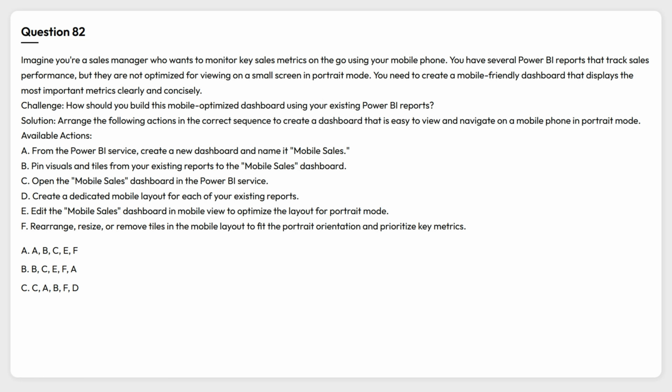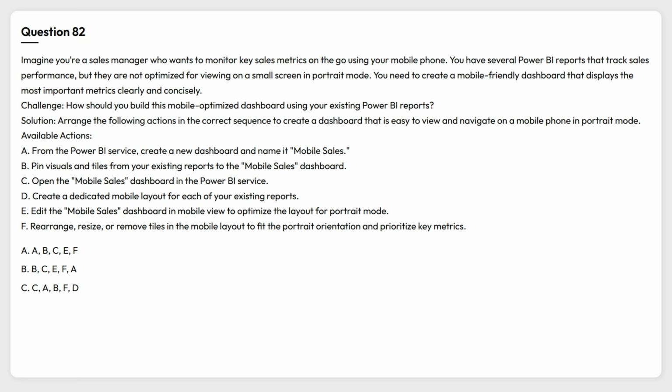Question number 82. Imagine you are a sales manager who wants to monitor key sales metrics on the go using your mobile phone. You have several Power BI reports that track sales performance, but they are not optimized for viewing on the small screen in portrait mode.